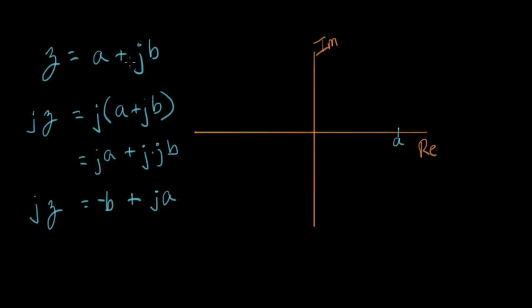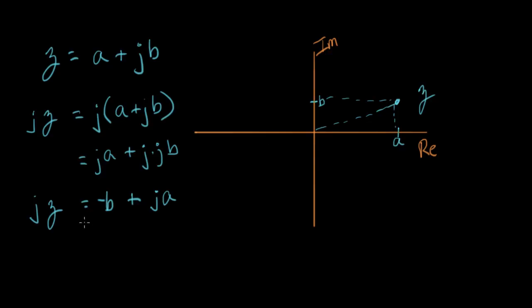And let's say that b is a smaller value. We'll put b here. And that means that z is at a location in the complex plane right there. We can plot the dotted lines. That's z in the complex plane.